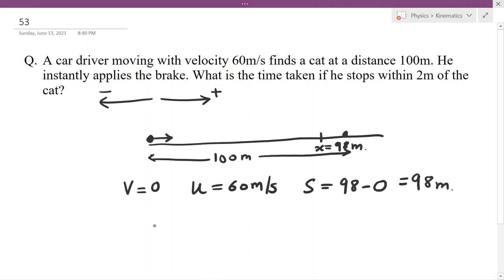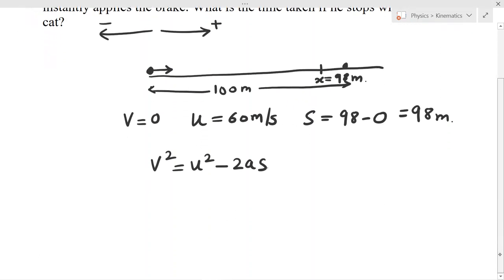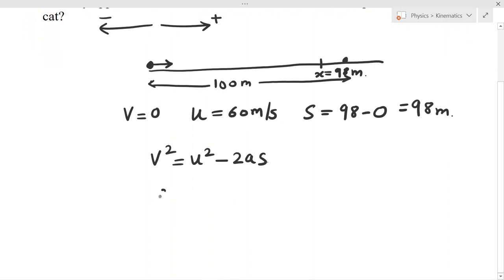Now let's apply this. V square is equal to U square minus 2AS, because A is in the negative direction or left direction. Now V square is 0, and this is 60 square minus 2A into 98.